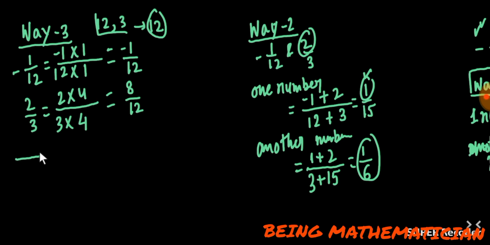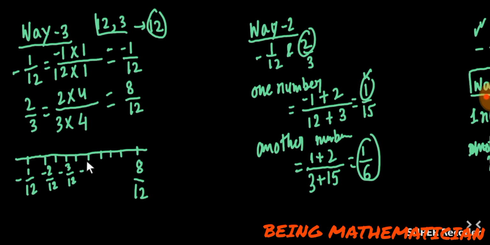Let's see it on the number line. Here is minus 1 by 12 and here 8 by 12. So we can fill in the numbers between them by just changing the numbers in the numerator place: minus 2 by 12, minus 3 by 12, minus 4 by 12, 0, etc. There are infinitely many numbers between minus 1 by 12 and 8 by 12.